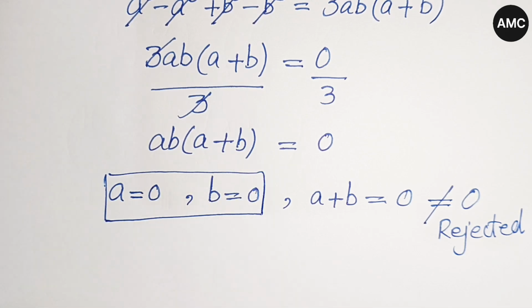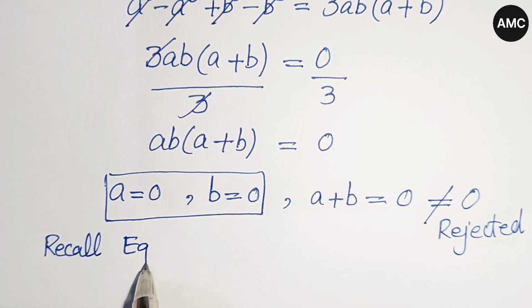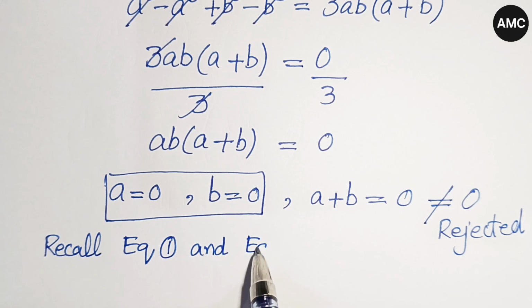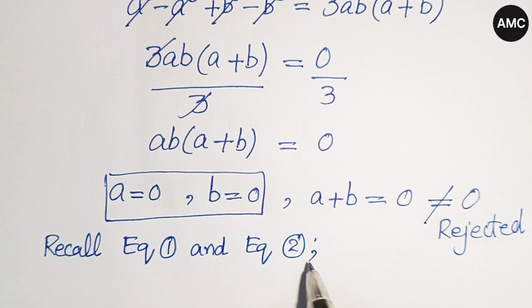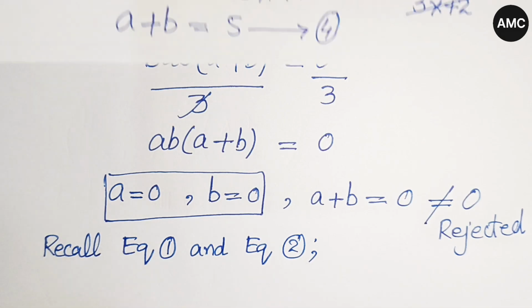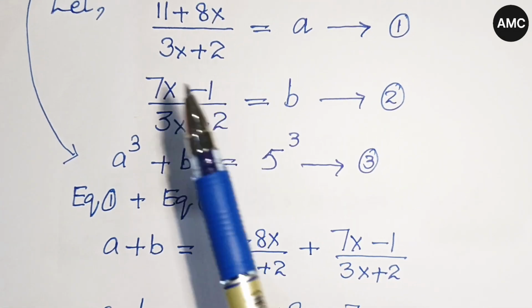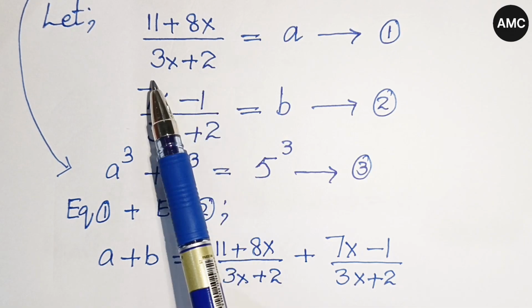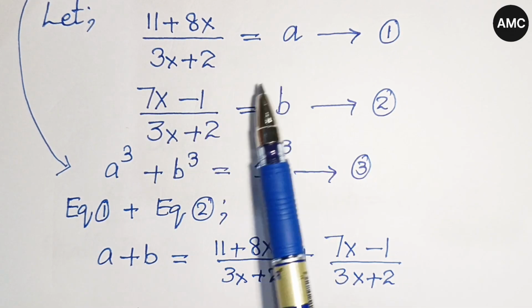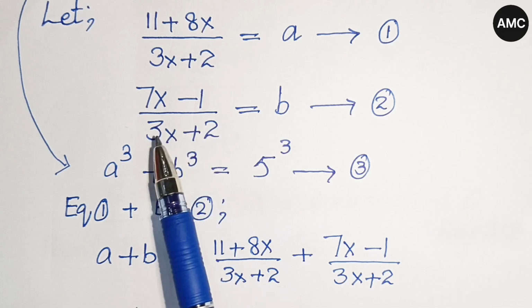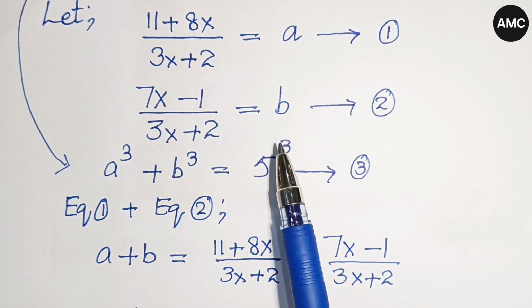Now putting these two values in our equation number 1 and equation number 2, we have to just recall equation number 1 and equation number 2. So equation 1 is 11 plus 8 times x over 3x plus 2 is equal to a, and equation 2 is 7x minus 1 all over 3x plus 2 is equal to b.